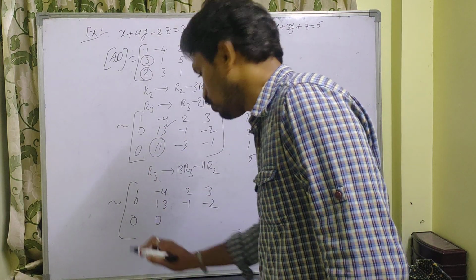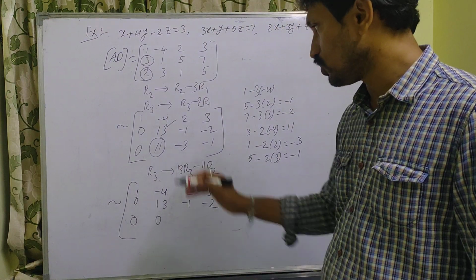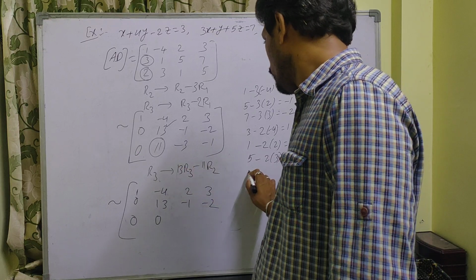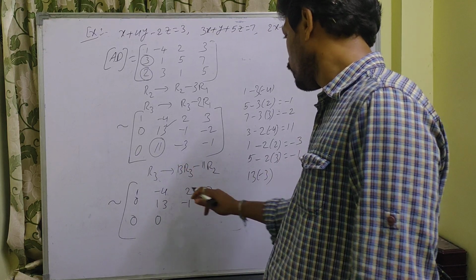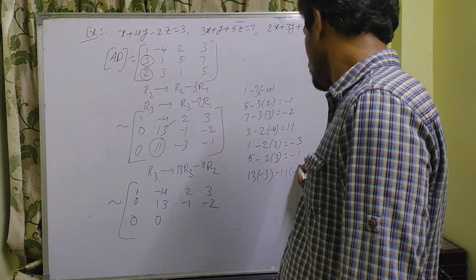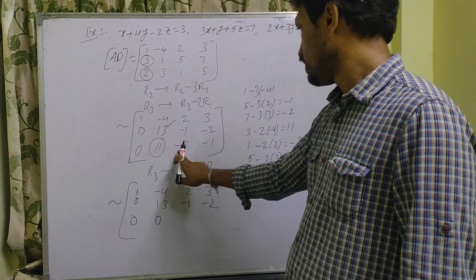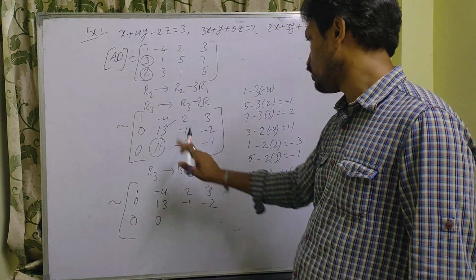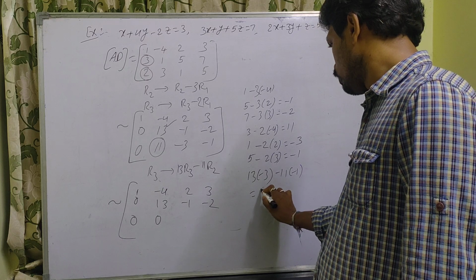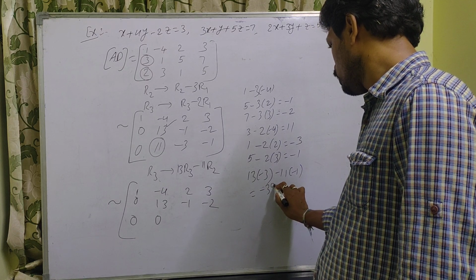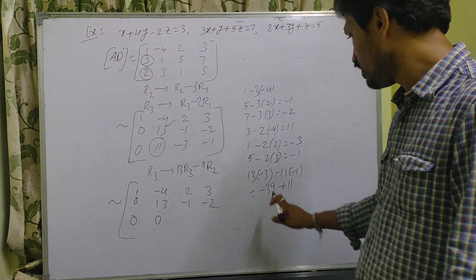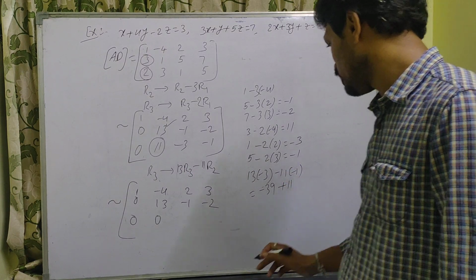Both are the same, so it gives 0 only because you get 143. Next, 13 into minus 3 minus 11 into minus 1. So 13 3s are minus 39 plus 11. Minus 11 into minus 1, that is plus 11. 39 minus 11, that is minus 28.